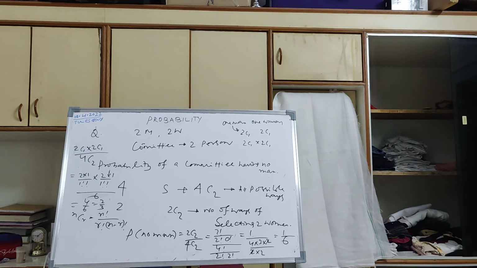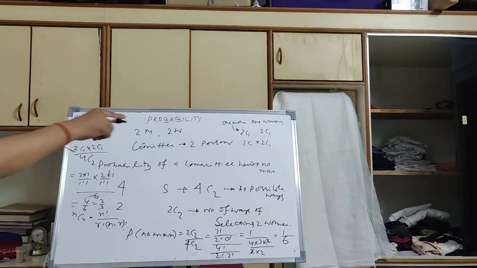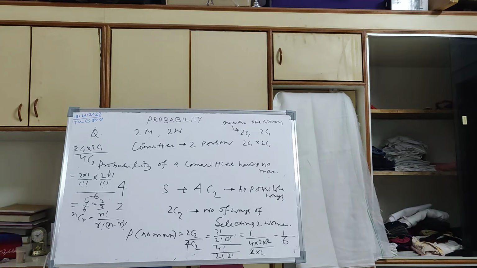Out of four, when you are selecting one man and one woman, it can happen in four ways.